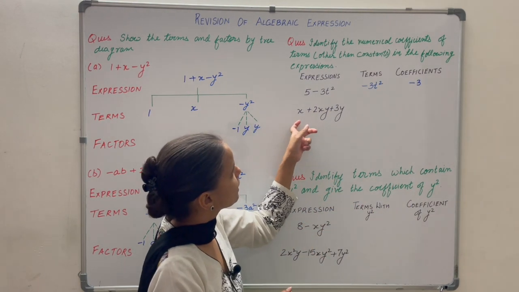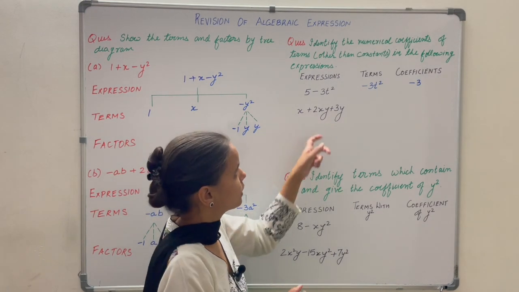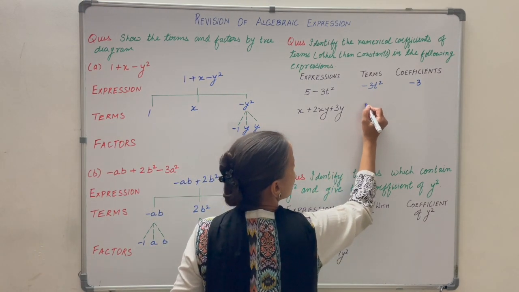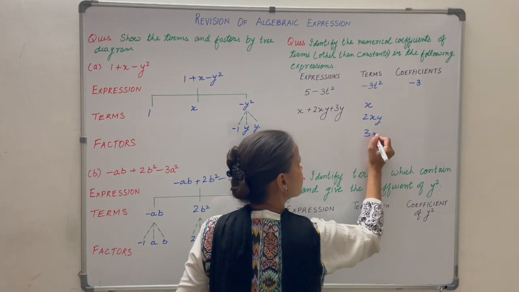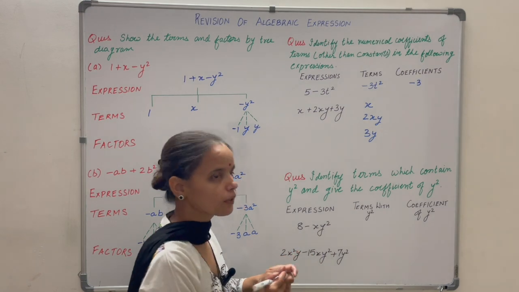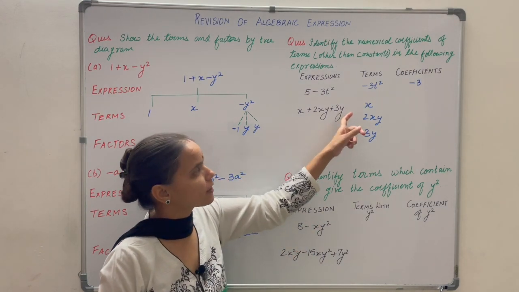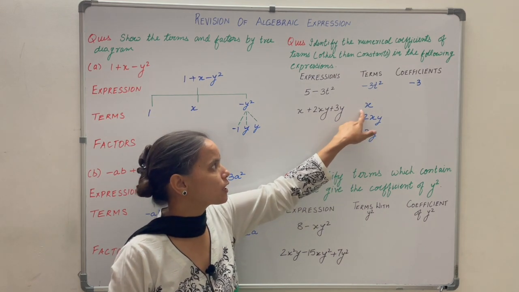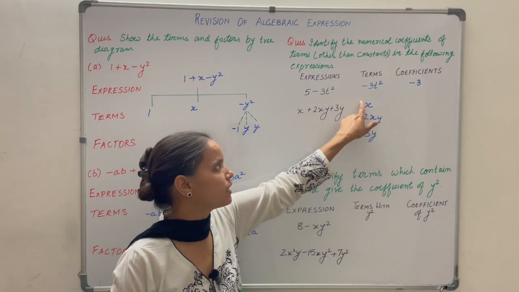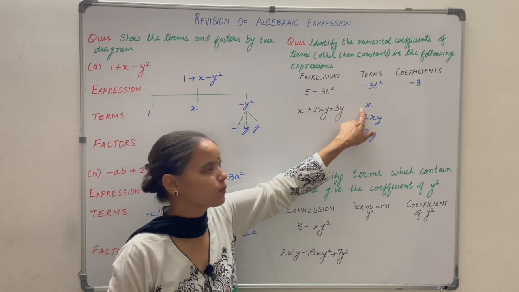For this one, there are three terms here. What are the three terms? x, 2xy and 3y. So you have to just write down the numerical coefficient. Numerical coefficients are the numerical factors of the term. So what is the numerical factor here? 1. 1 is not written. Generally 1x we don't write.